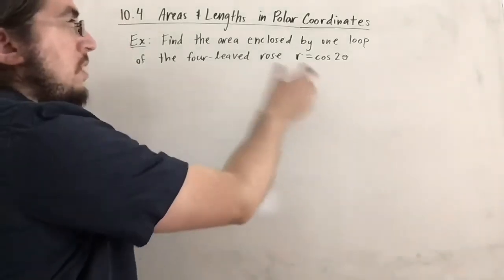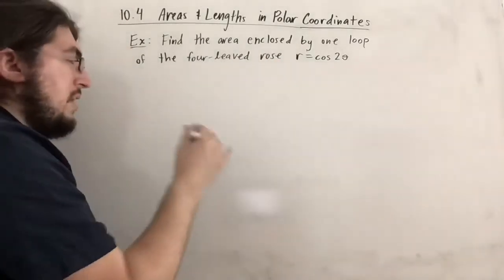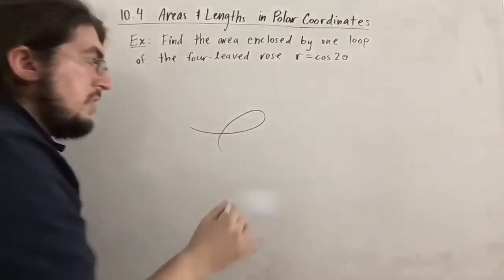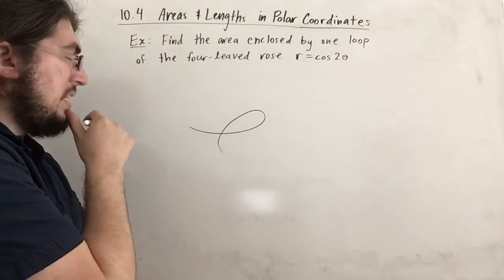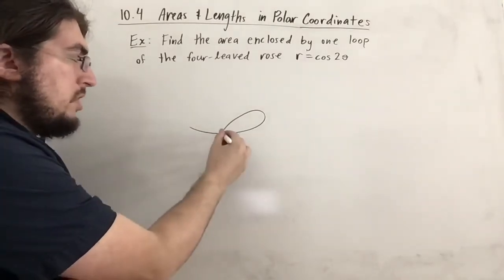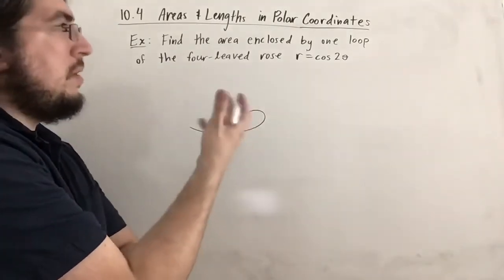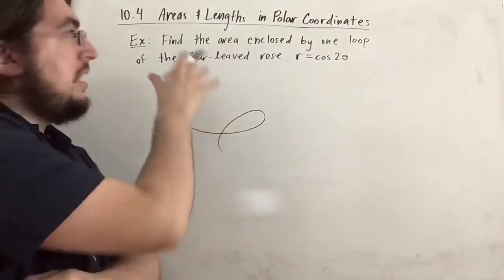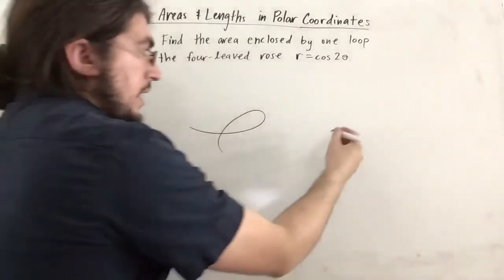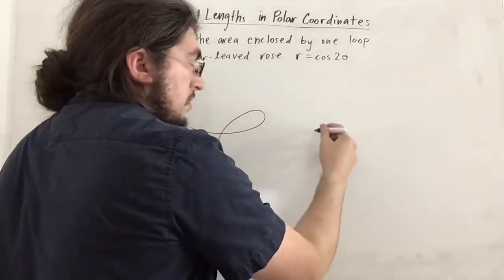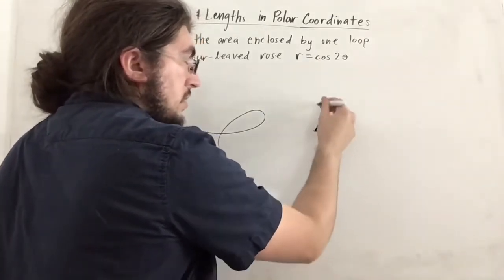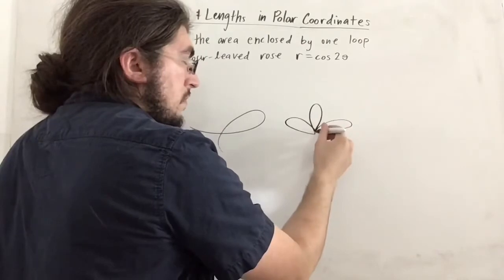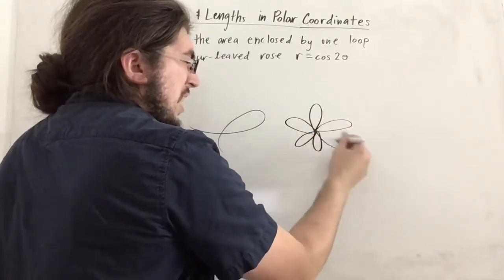So first off, what does it mean by one loop? When I think of a loop, you have this kind of image here. It's not clear if this happens at the origin or not, but I'm going to tell you that it does. If you know what a rose looks like in math, it's a shape with loops like this, usually centered at the origin.